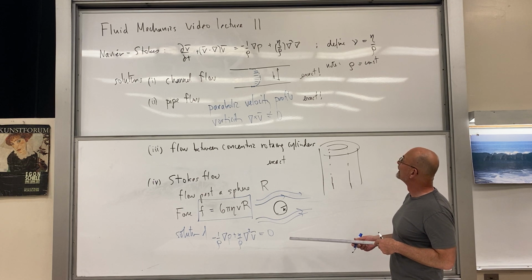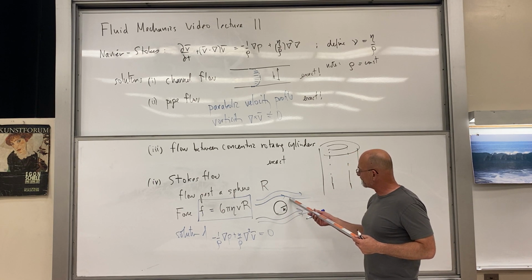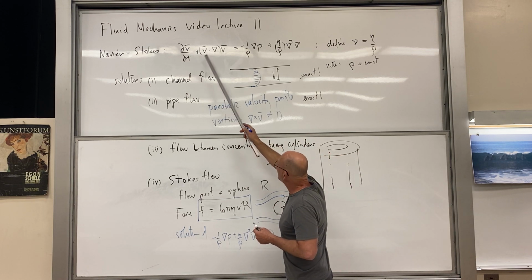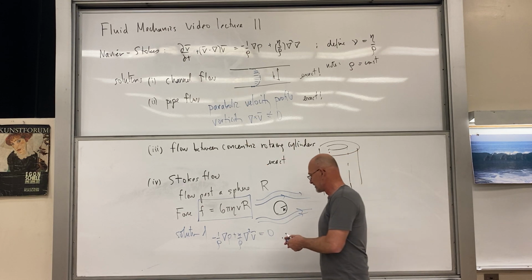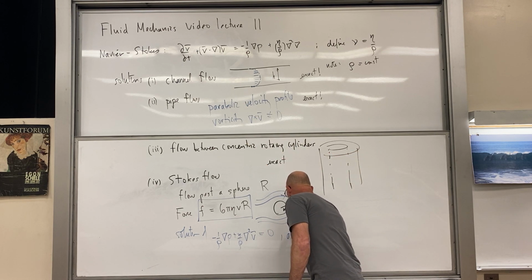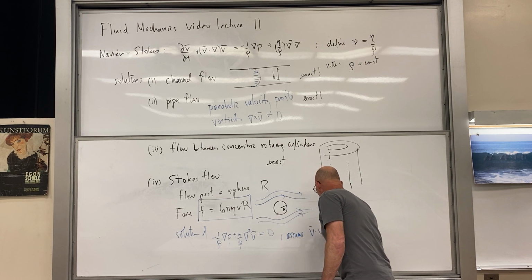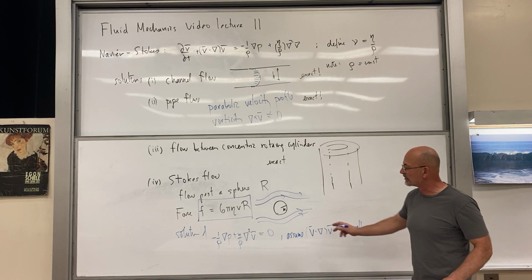It is a steady state flow, so this is gone and these are considered small. Assume V dot grad V is small. Nonlinear terms. We've done that before.